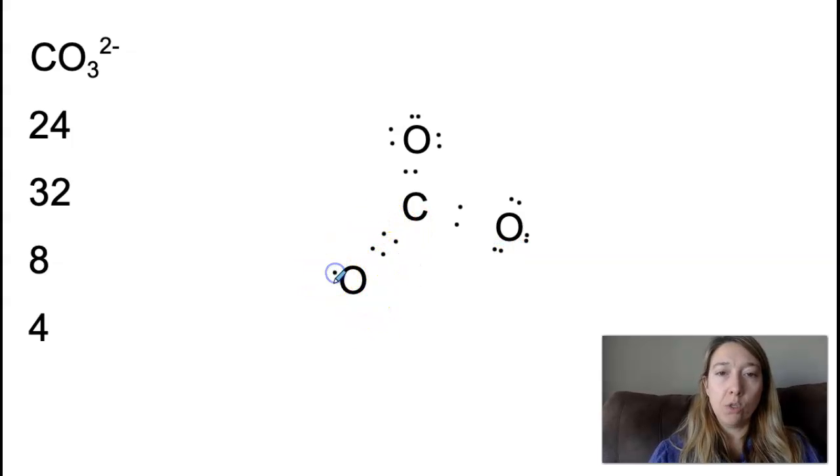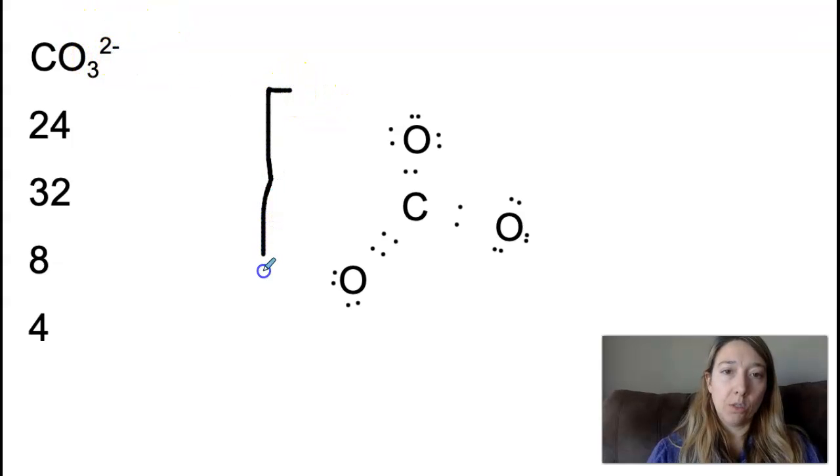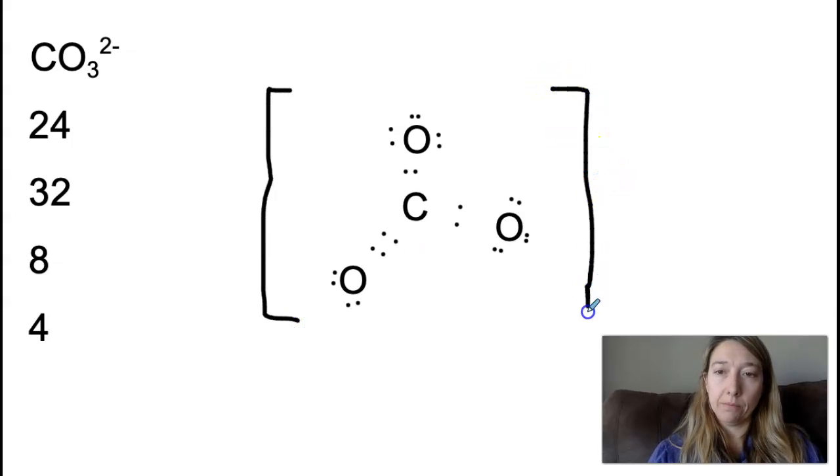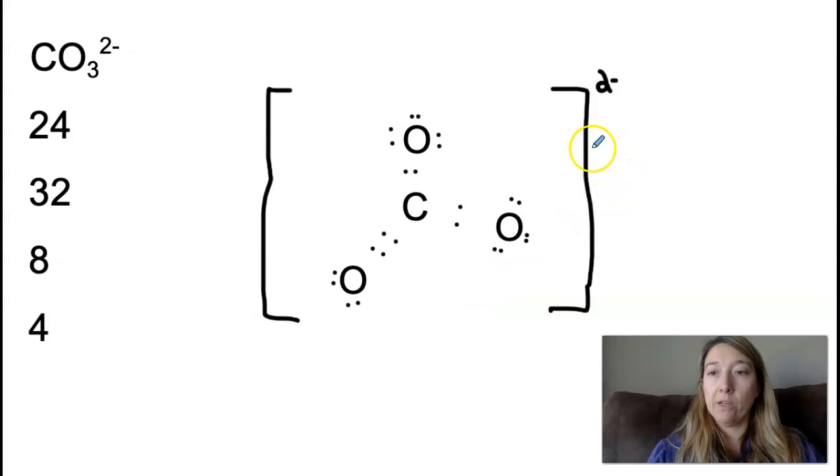So it only needs 2 more pairs. So we have to do one last thing with this picture. Because it has a charge, we have to draw square brackets around the entire diagram with that -2 charge up here. So kind of like we did with ionics, right? Square bracket with that negative charge.